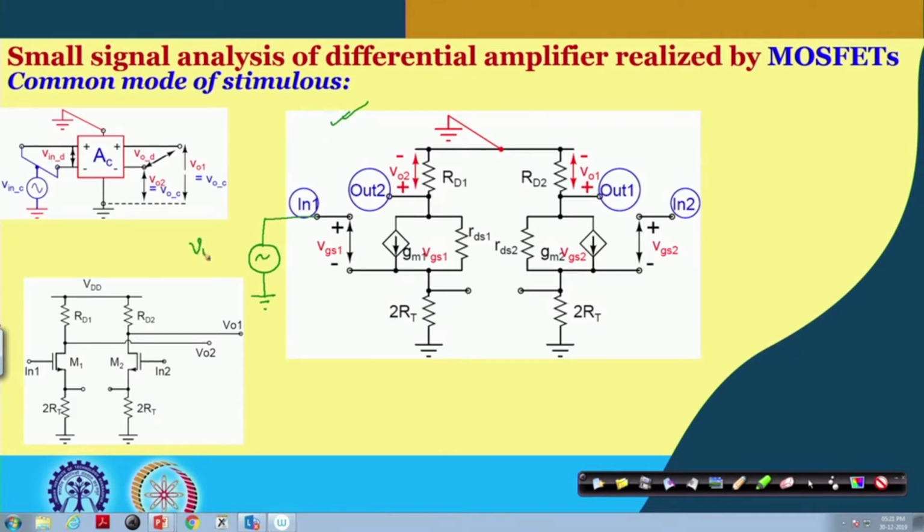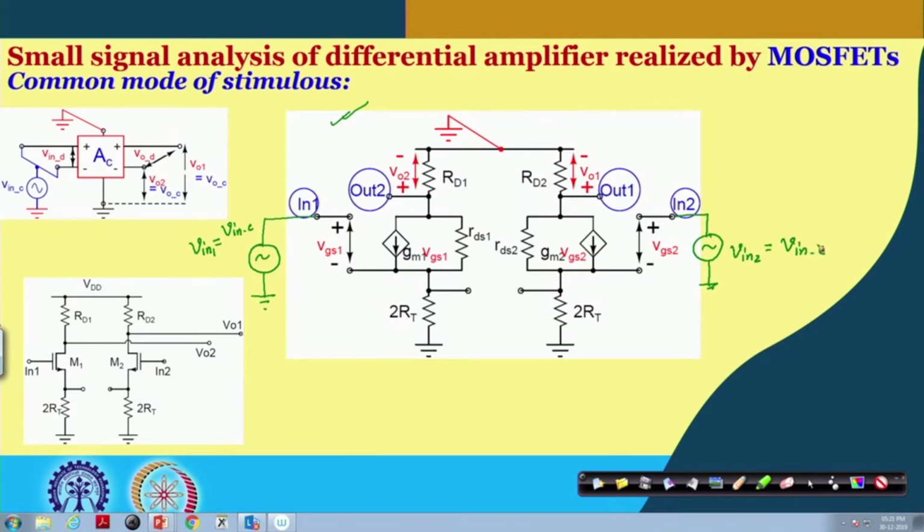So, V in 1 equals V in C. Same signal we are feeding at the other input, so V in 2 equals V in C.